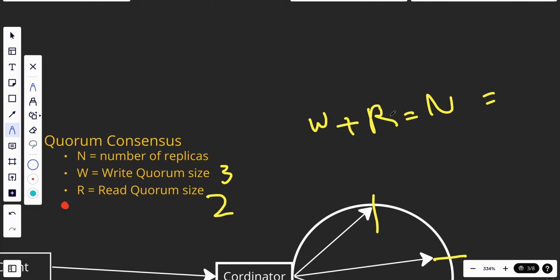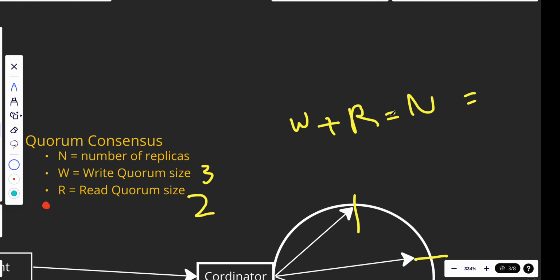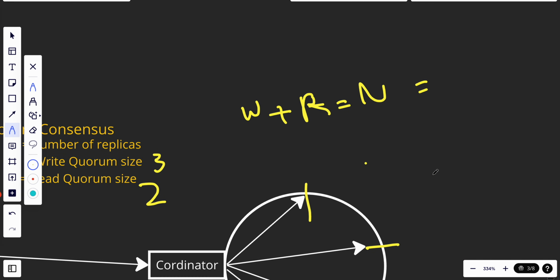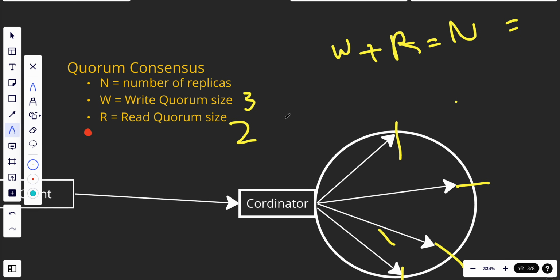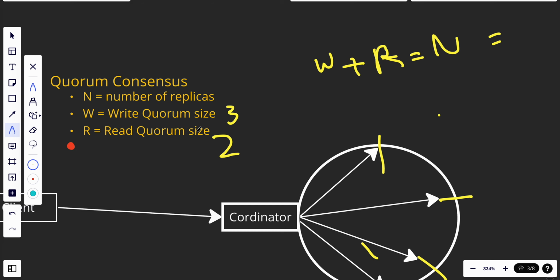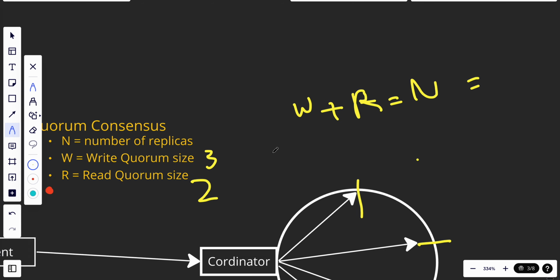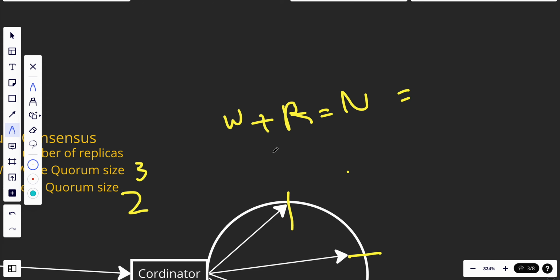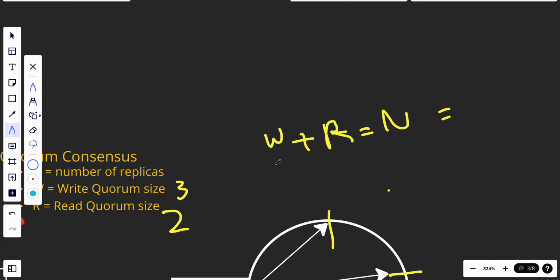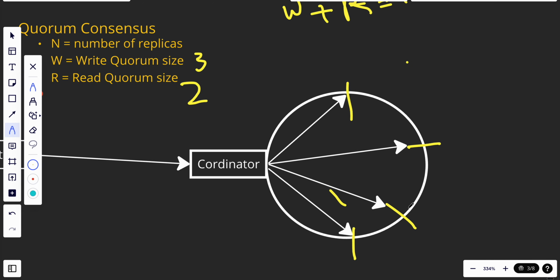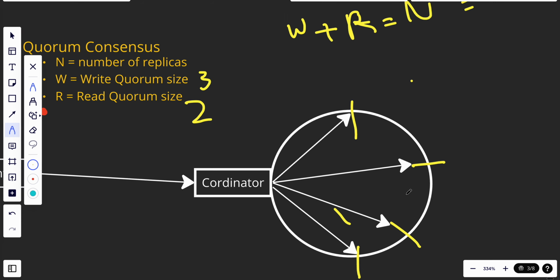There is something we should make sure of while we talk about consistency. For example, if W is high, let's say W is 3, that means we have high consistency for writes. But we have a trade-off between latency and consistency.